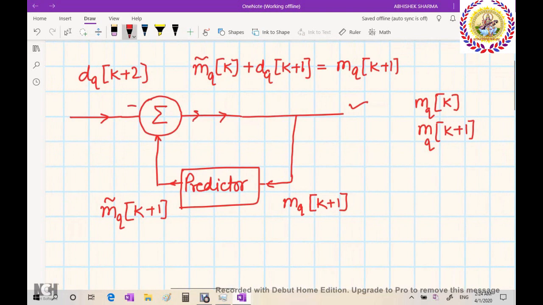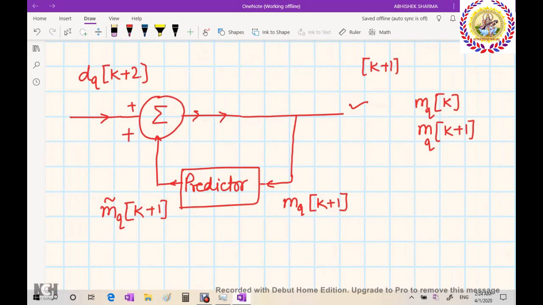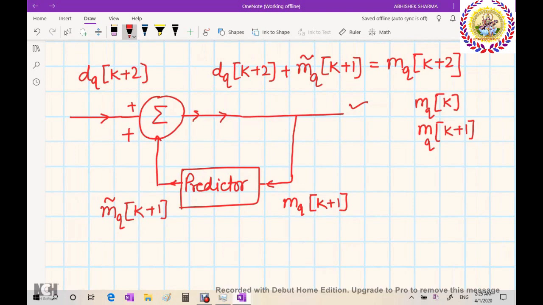Now at the output of this summer, we will receive dq(k+2) plus mq(k+1), which is nothing but mq(k+2), as dq(k+2) is the difference between the two consecutive samples. So when you add this value with mq(k+1), you will definitely get the next sample value.